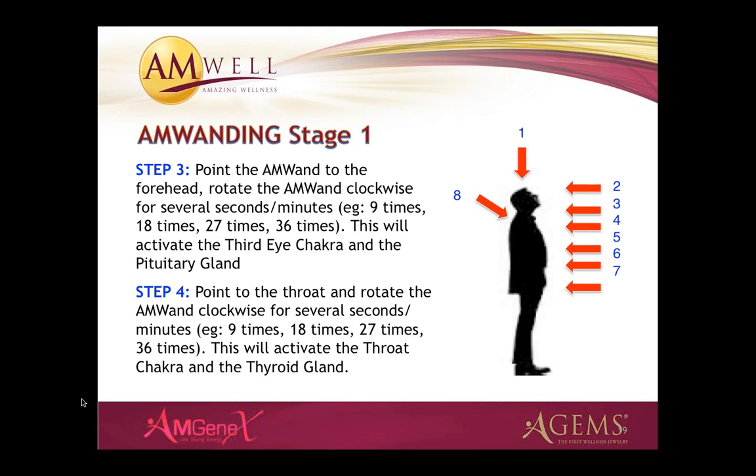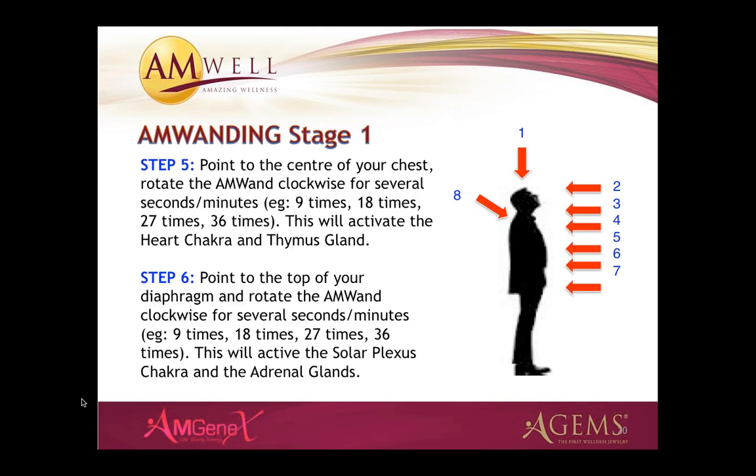Then it goes further on to step 3, step 4. Specifically, what happens on step 3, the third eye chakra, basically activates and improves the pituitary gland. Step 4 activates the throat energy center, or the throat chakra, that activates the thyroid gland. Step 5 activates the heart energy center, or the heart chakra, and thereby expands or improves the thymus gland.